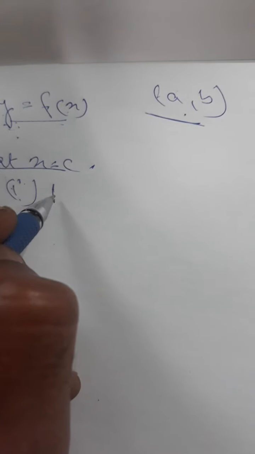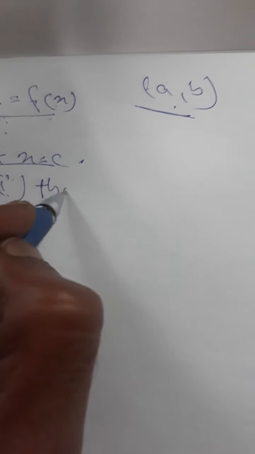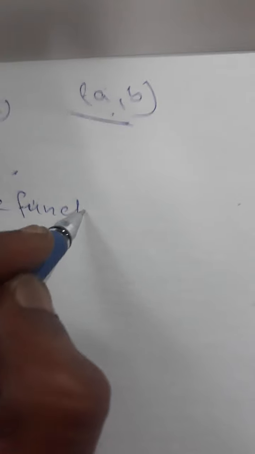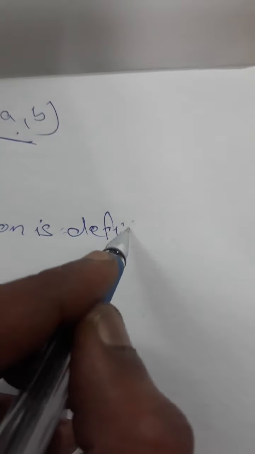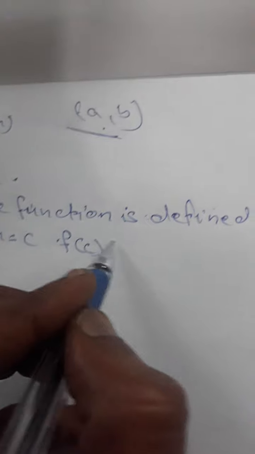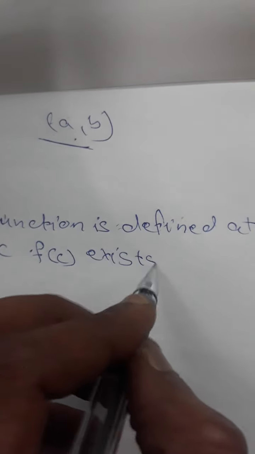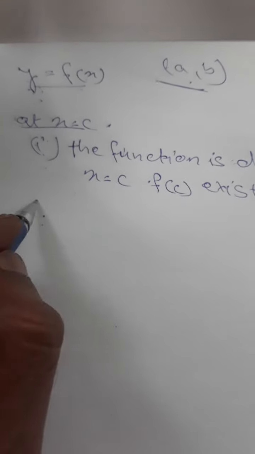First, the function is defined at x is equals to c, that is f of c exists, that is you will be getting the value at c.